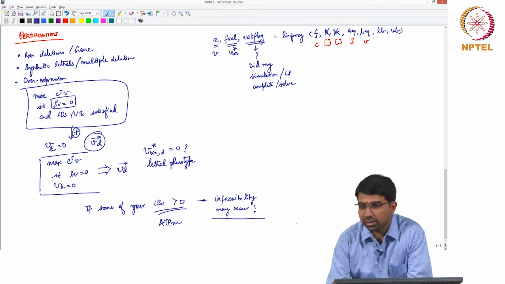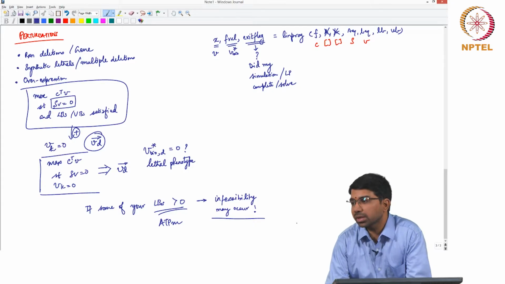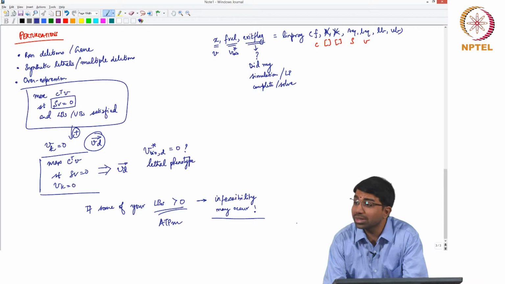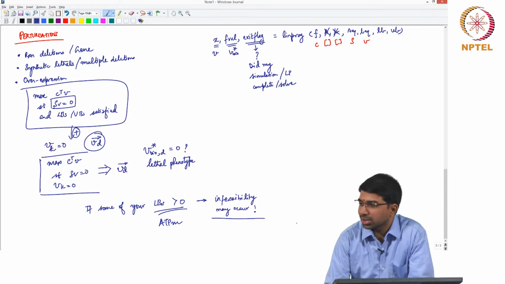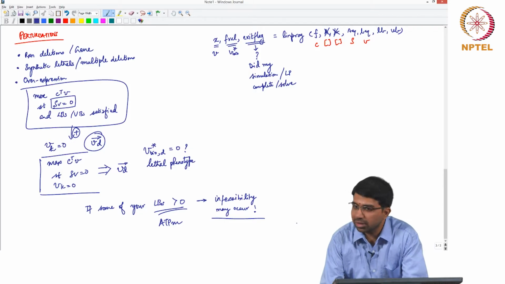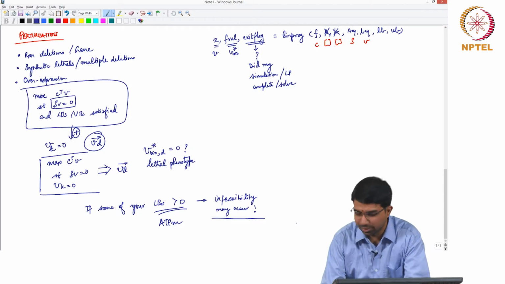So, you are saying that LB is 8.3. Maybe I am not able to get LB of 8.3, so it will be infeasible. If a constraint is not satisfied, then you do not even have a solution. If your constraint is satisfied and you get a 0 solution, it is a different story. If your constraint is not even satisfied, then you have a different problem, which is what I am trying to emphasize here. It depends. Sometimes if that constraint is satisfied and other constraints are not satisfied, then you will get a fair and square 0 and lethal phenotype.